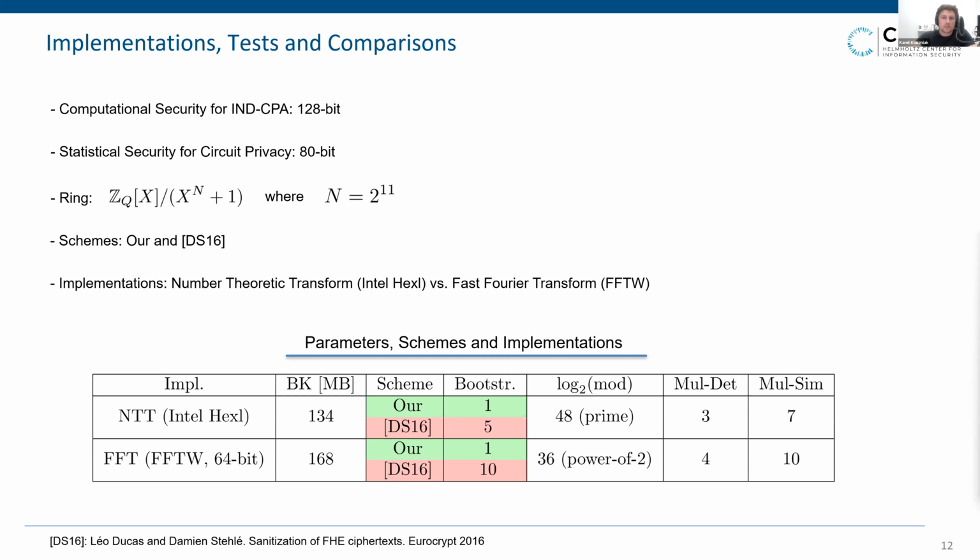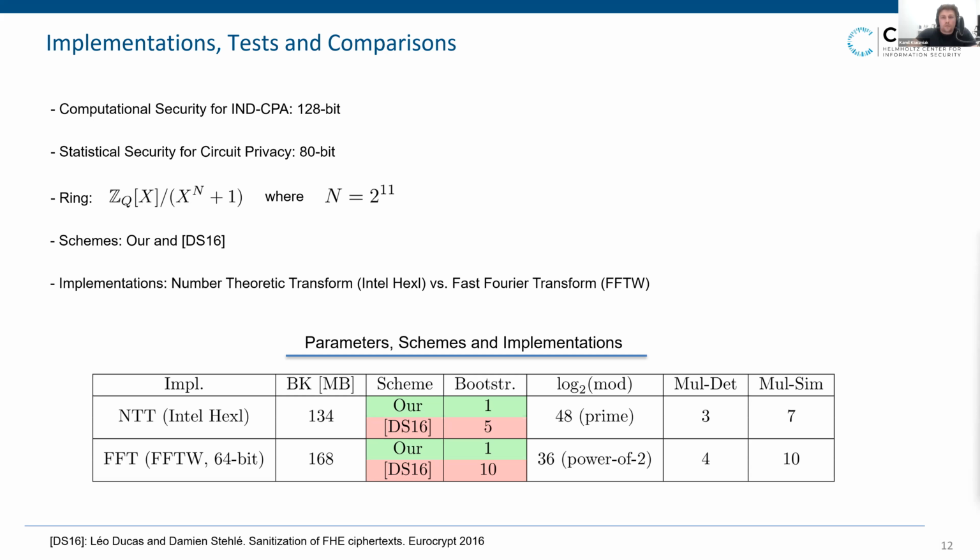So 4 parameter sets in total. One implementation is on integers modulo a prime number, and it uses the number theoretic transform from Intel HEXL for polynomial multiplication. And then the other one is a 64-bit double precision floating point number based implementation with fast Fourier transforms from the FFTW library.